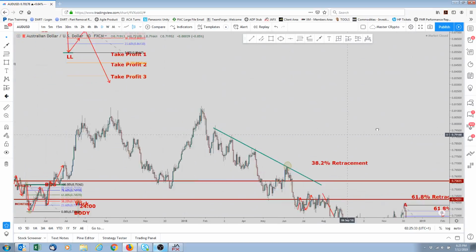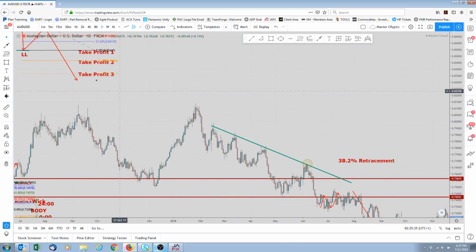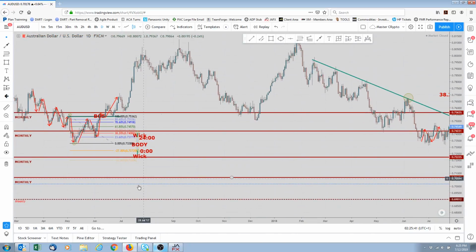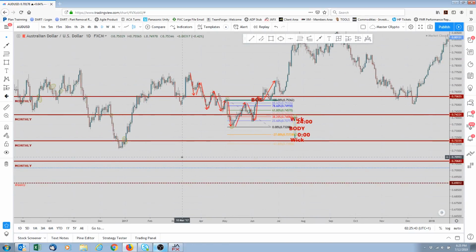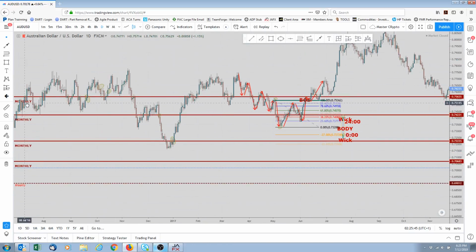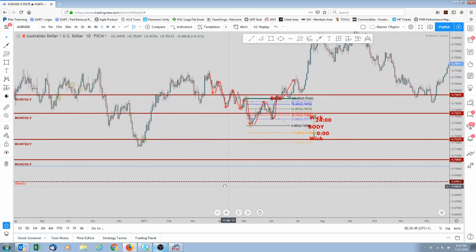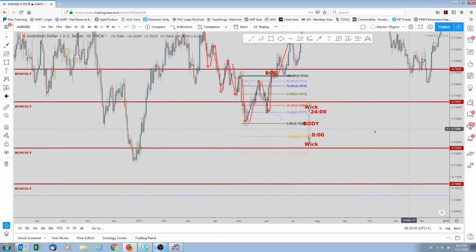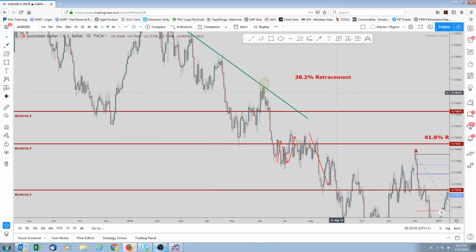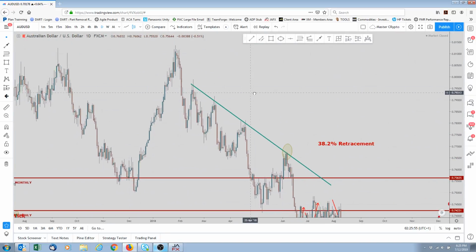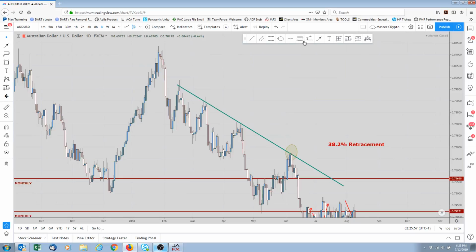So from now on, I want you guys to be marking up the AUD USD charts. Go back and review the previous lessons if you need to, but I want you to mark up your monthly and weekly support and resistance levels using line chart, how I taught in the previous lessons, and then you can come back and start practicing fibs.